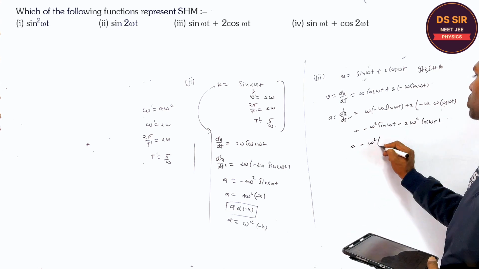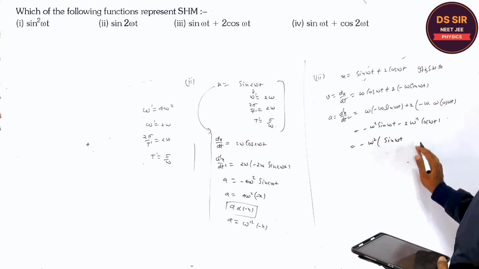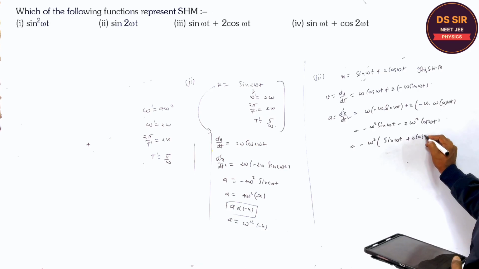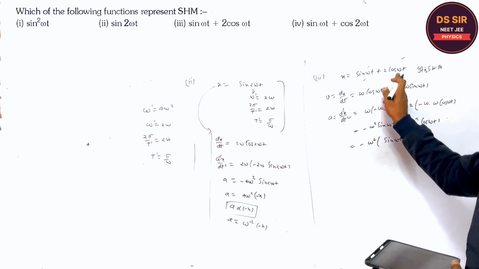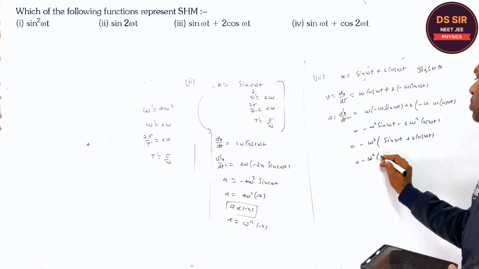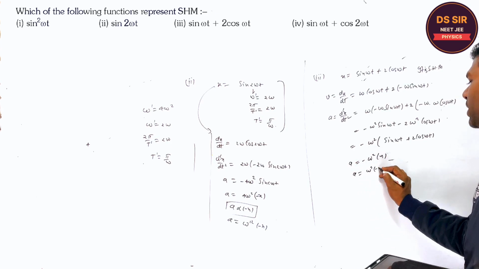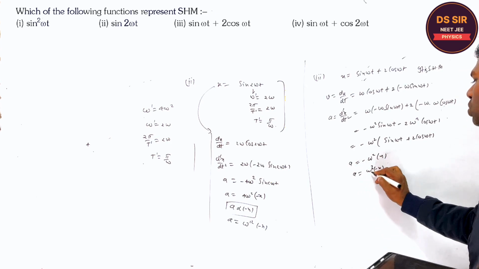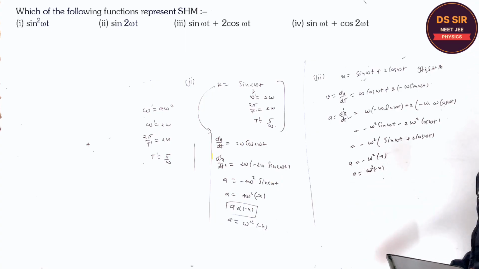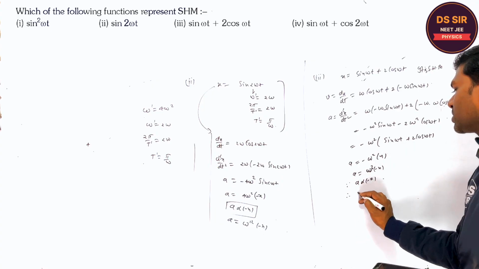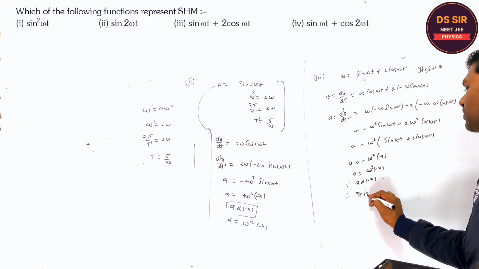Wait for one minute. Yes, this is 2 cos omega t. Getting it? And it is what? It is minus omega square into x. This is the acceleration. Acceleration is proportional to minus x, so it proves it is SHM.